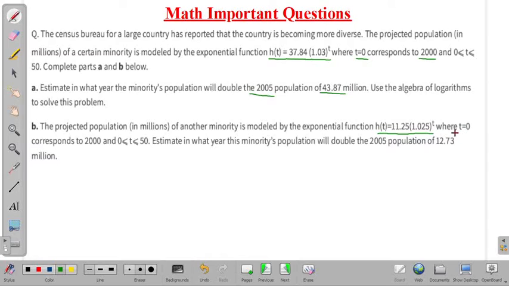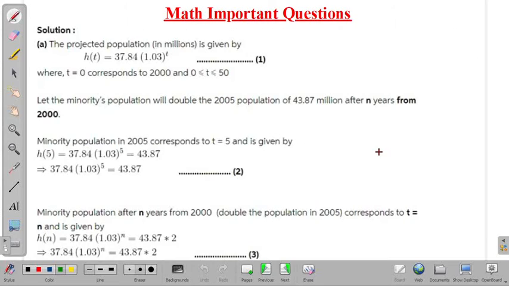Here also t = 0 corresponds to the year 2000, and t varies from 0 to 50. We need to estimate in which year this minority's population will double the 2005 population of 12.73 million. So one by one we will discuss.